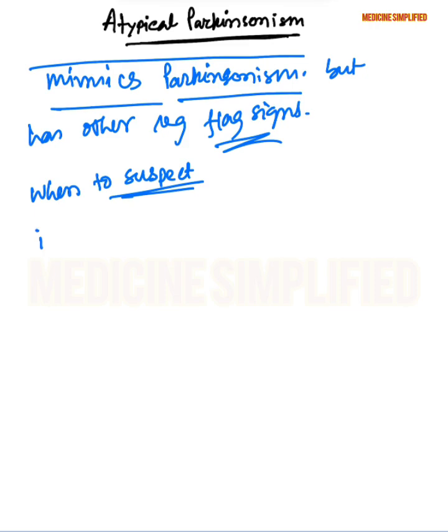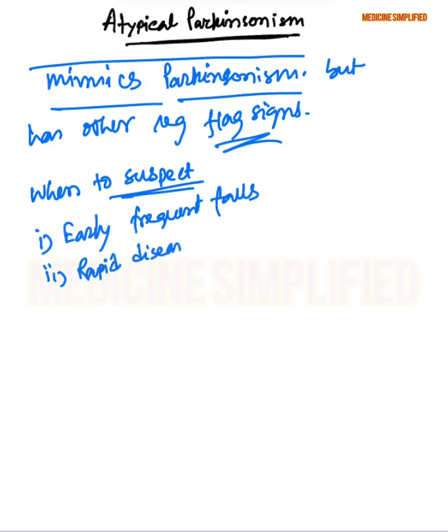The red flag signs are: number 1, early frequent falls. Number 2, rapid disease progression. As I have said earlier, typical Parkinson's does not progress rapidly. It has a very slow progression.